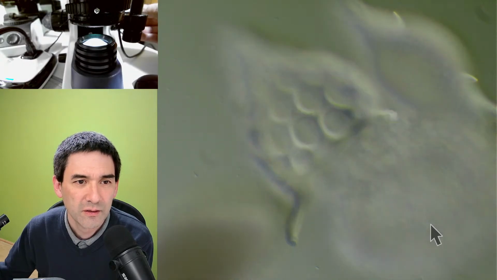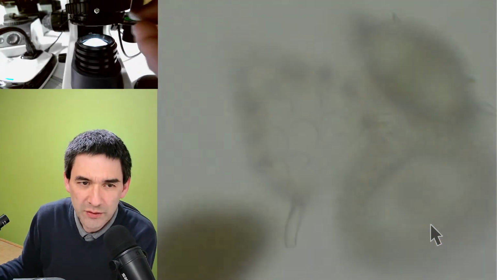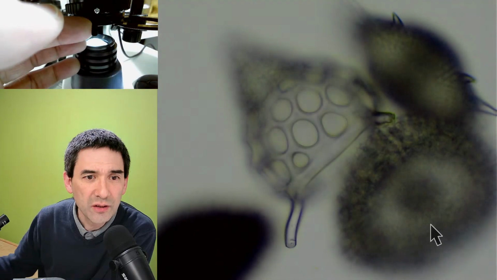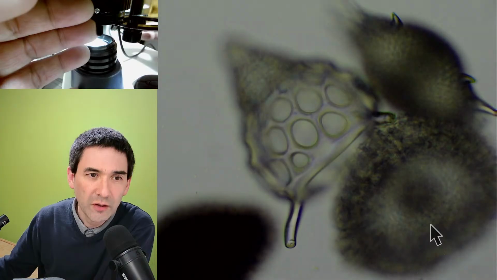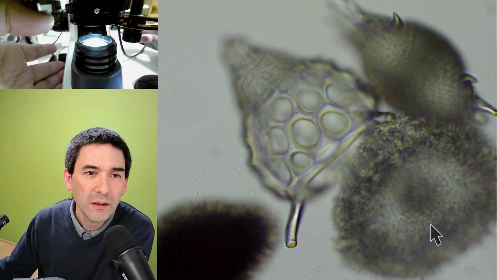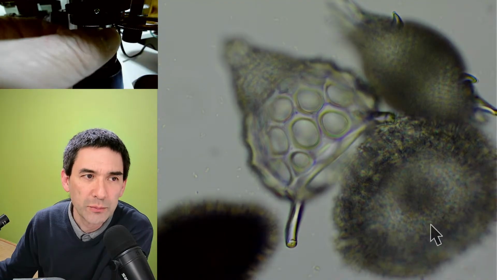Now, just for comparison again, I'm going to take the filter out completely and close the condenser. Of course, you get a larger depth of field. This is how it would look with a closed condenser in regular bright field.